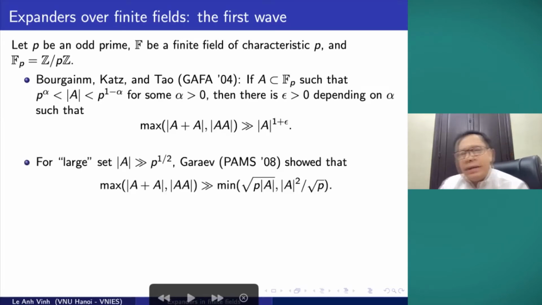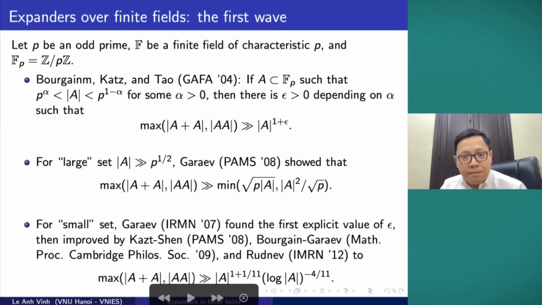And for the quantitative versions, if the set A is large enough, meaning here that when we define large, it's more than half the size of the field, right? So A is much bigger than P over 2, then the sum or the product set will be much larger than the size of A itself. Okay.